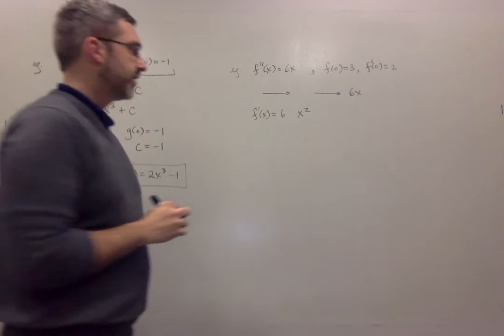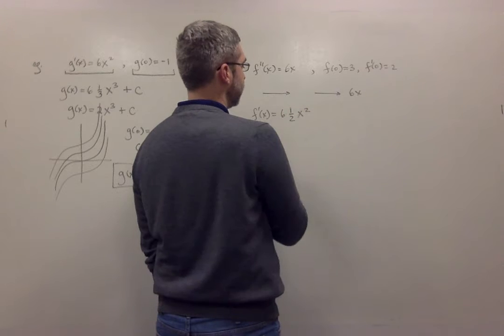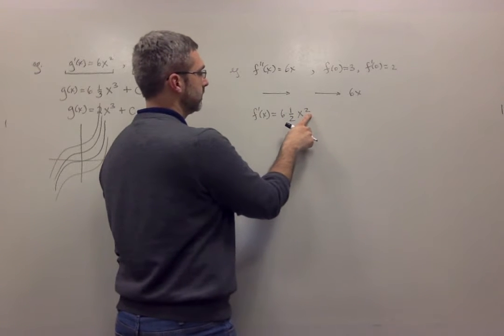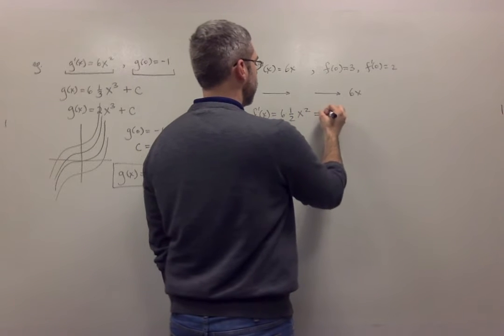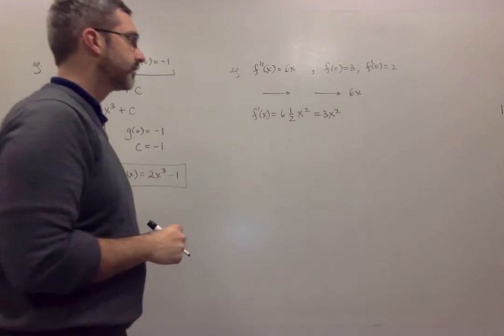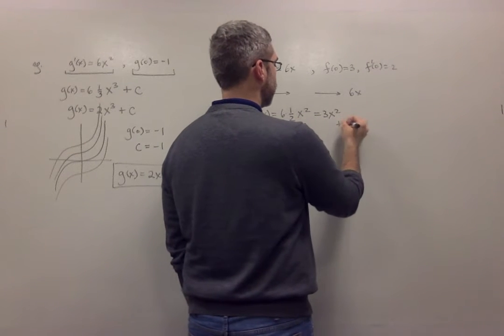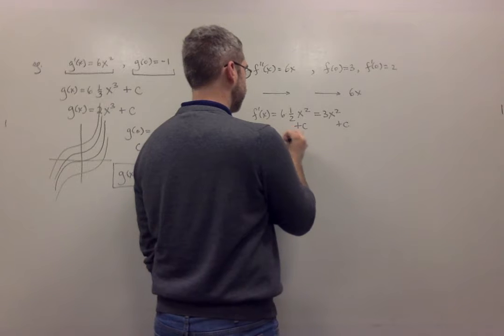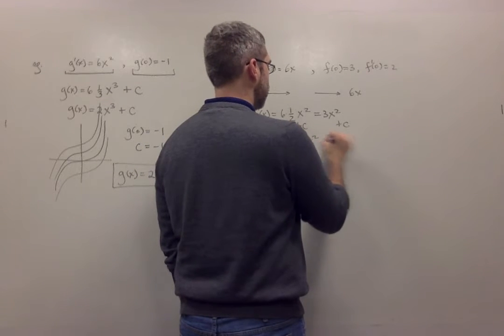But again, if I throw an x squared on there, that 2 is going to come down, so I need a half to get rid of the 2, so that I just get an x there. So the first derivative is going to be 3x squared. But I could have a constant on there, so I need to throw a plus c on here. So my first derivative could look like 3x squared plus some constant.